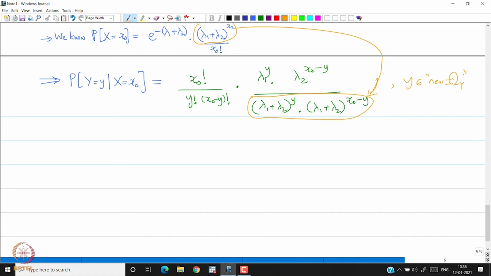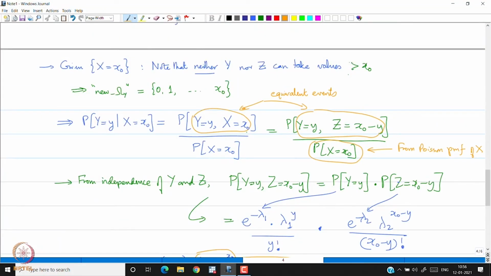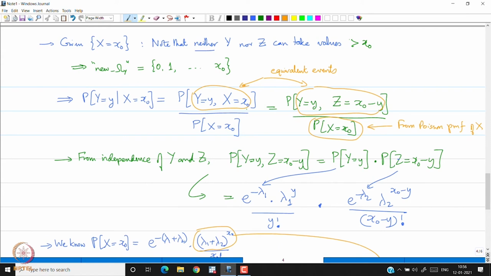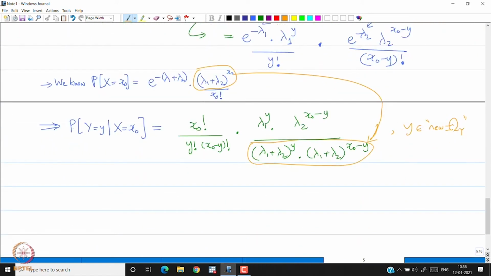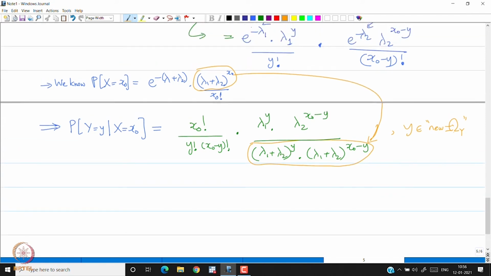Okay, so this now, which is what I have written here. This nu omega y is up here identified for you, which is all the non-negative integers from 0 to x naught. So therefore now this is clearly a binomial probability. Why is it clearly a binomial probability?